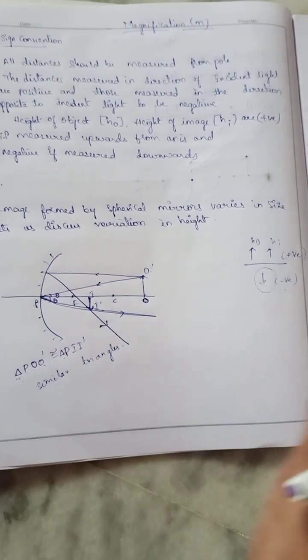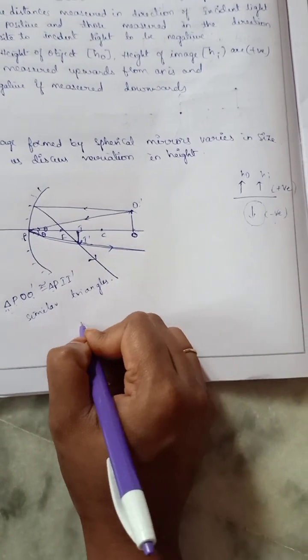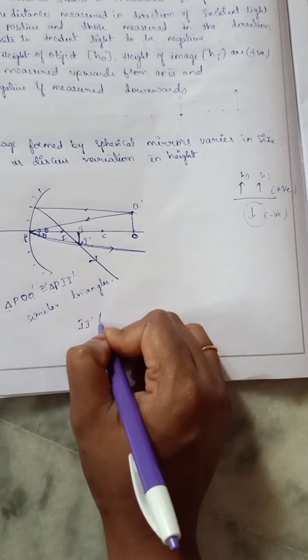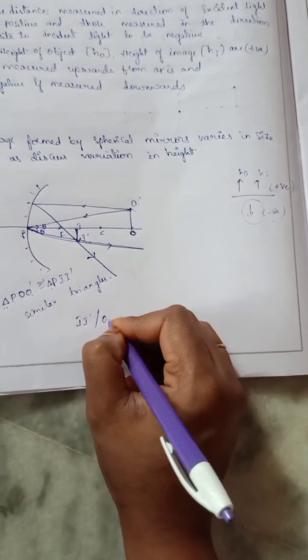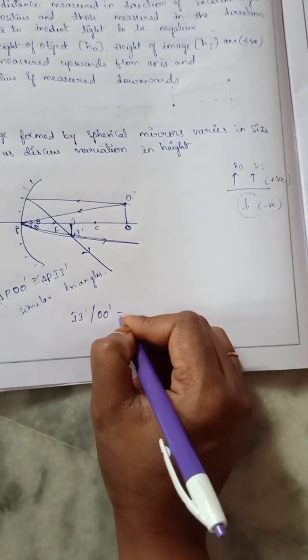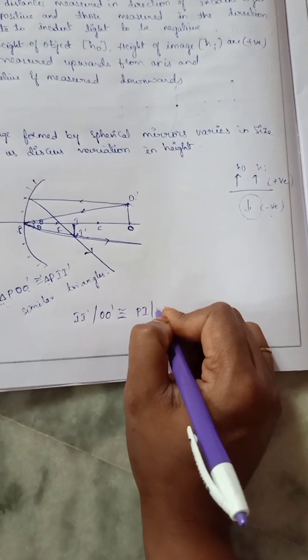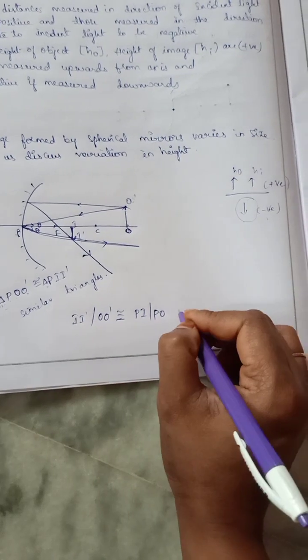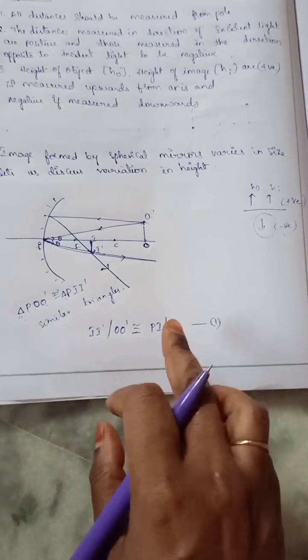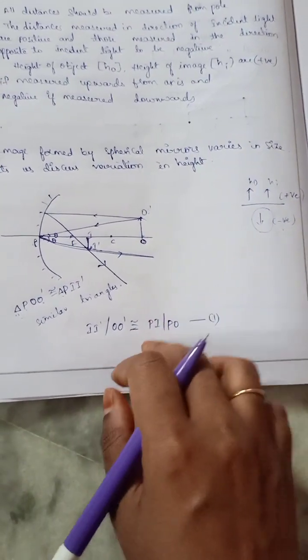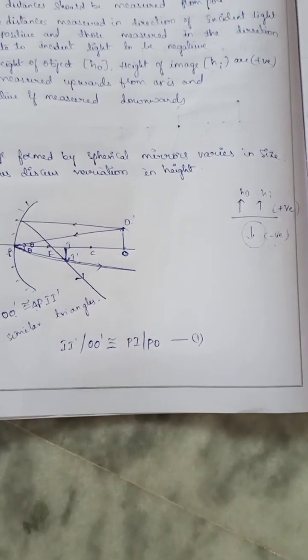So if they are similar triangles, why not write I I dash by O O dash equal to PI by PO? Yes or no? Let's make this the first equation, and we have to represent it with signs according to the sign convention.